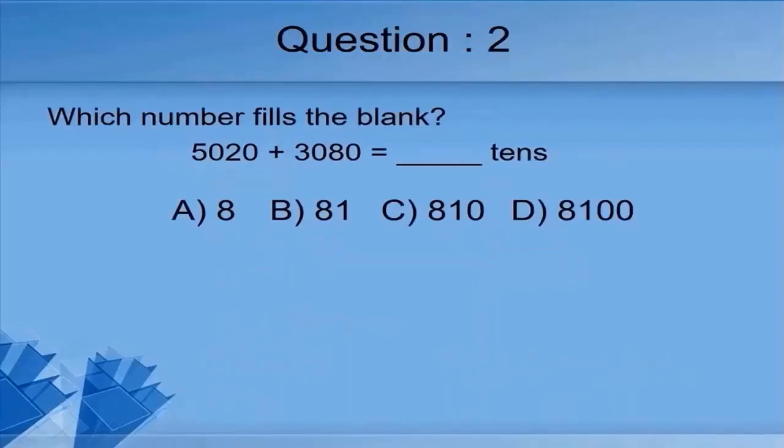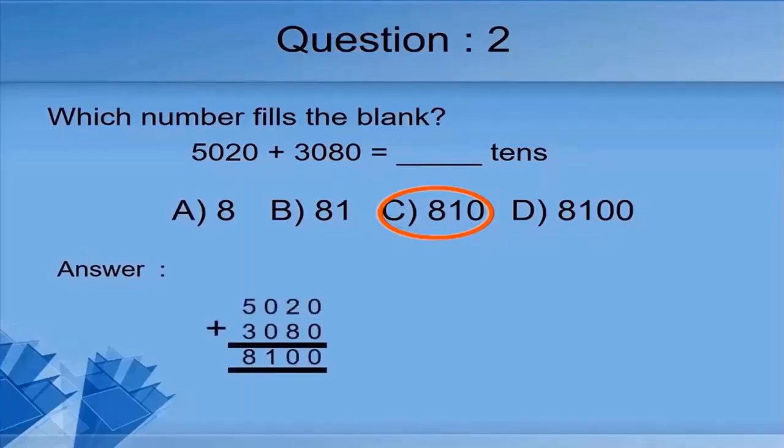Now question number 2. Which number fills the blank? 5020 plus 3080 equals dash tens. Here the answer will be 810 tens. Now let's see. First we have to add both numbers. So the answer will be 8100.